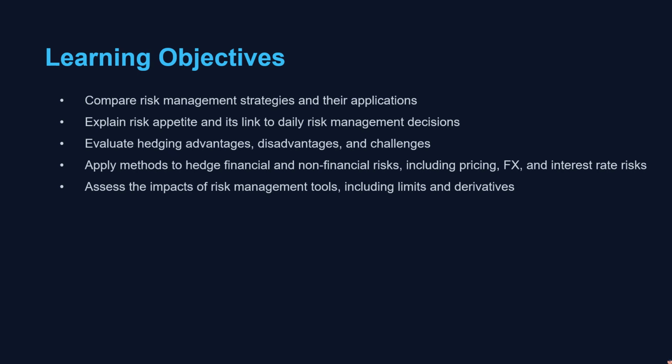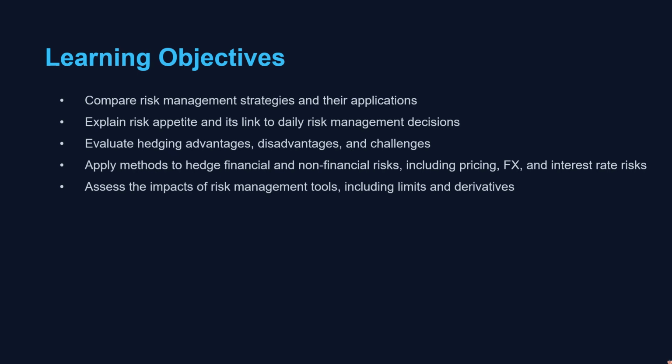In some settings, it improves planning, lowers expected distress costs, and stabilizes operations. In other settings, it adds cost, complexity, and false confidence. You also need to apply methods for hedging different kinds of exposures, including commodity price risk, foreign exchange risk, and interest rate risk.